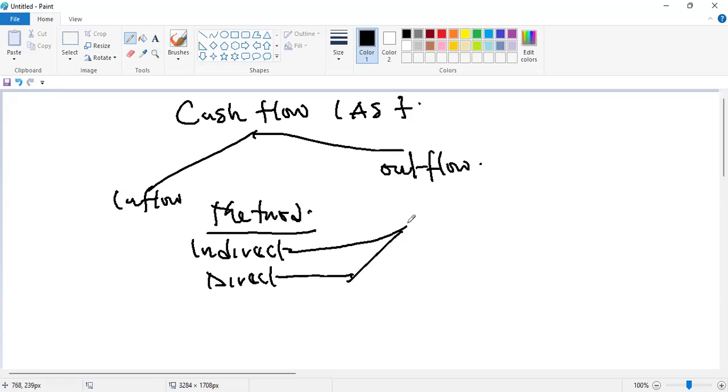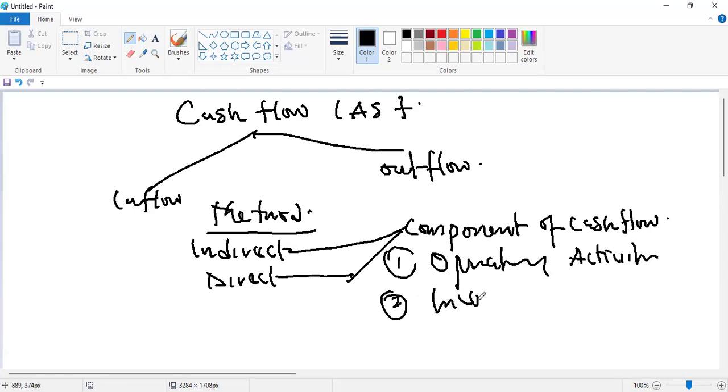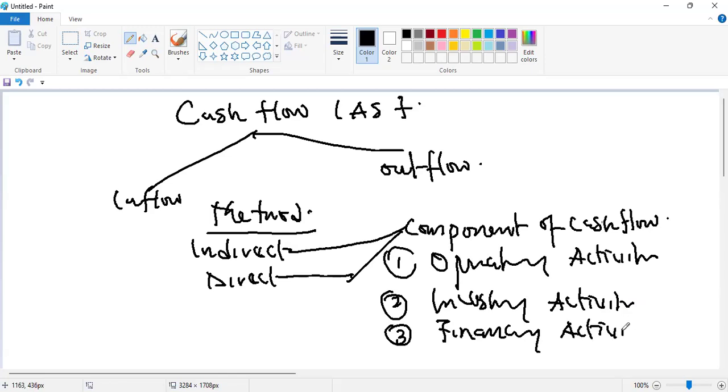But either direct or indirect, there must be components of cash flow. One, we have operating activities. Two, we have investing activities. Three, financing activities.